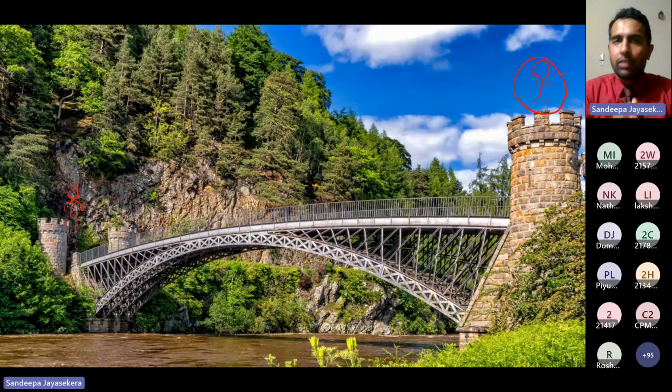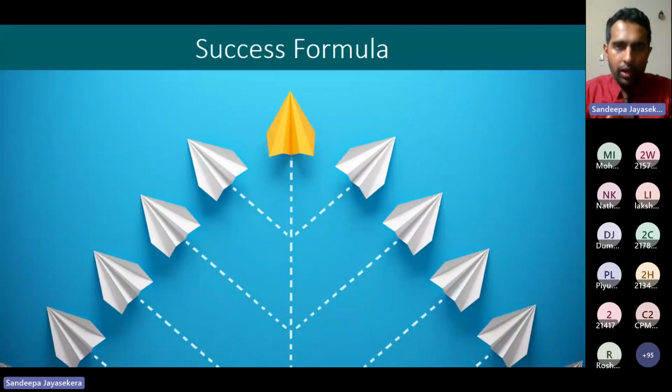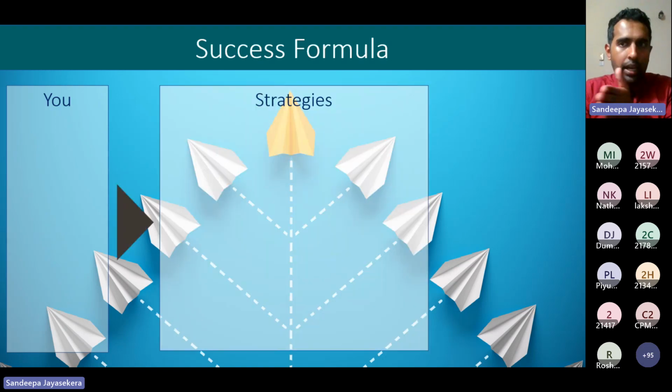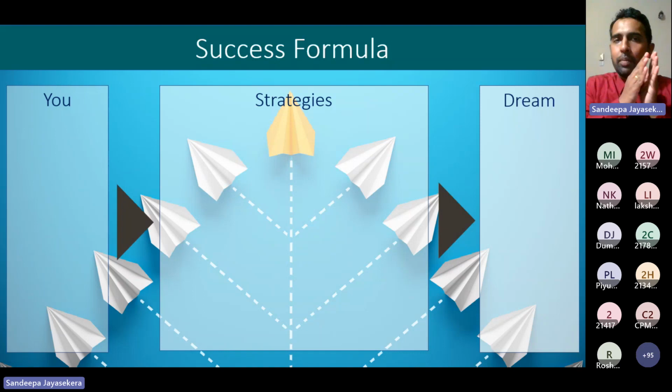Bridge is our strategy. So using this metaphor, we are going to build up a simple formula for success. Now, we know that when it comes to a process, there are three things: the input, the process, and the output. So let me put these three into three different terms.